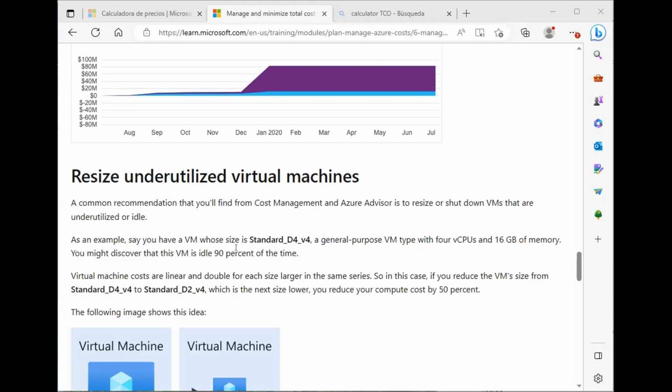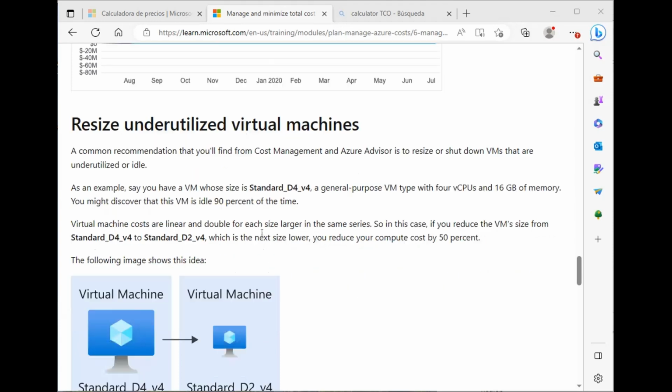As an example, say you have a virtual machine whose size is Standard D4 v3, a general purpose virtual machine type with 4 CPUs and 16 gigabytes of memory. You might discover that this virtual machine is idle 90% of the time.